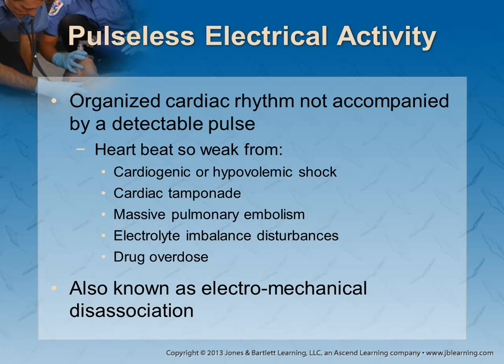The difference in a PEA arrest and a VTAC VFib arrest is that PEA is going to have some type of organization to it. Does that make sense? Obviously you can tell a VFib from a mile away, and you can tell a VTAC from a mile away.